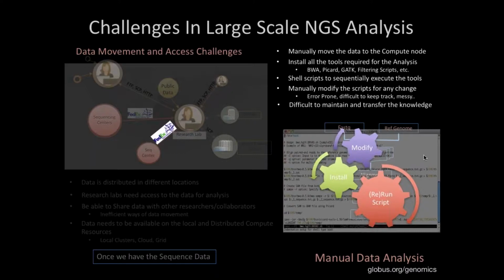And whenever I come across people writing shell scripts, I remember something that Carole Goble used to mention: shell scripts are like toothbrushes. It's very hard to share toothbrushes. It's not advisable to share shell scripts either.